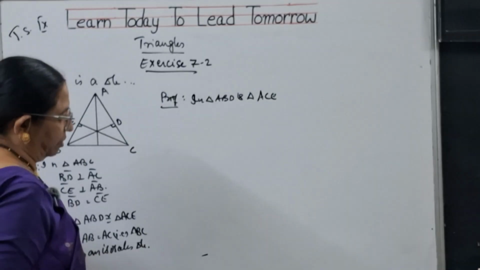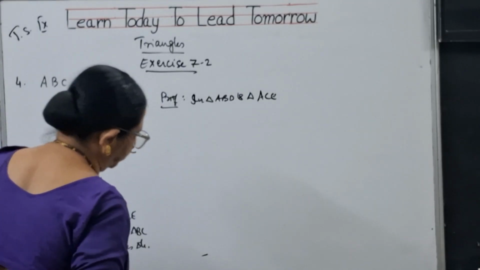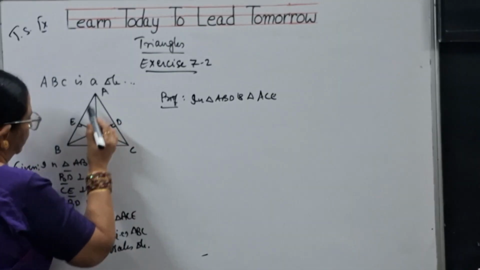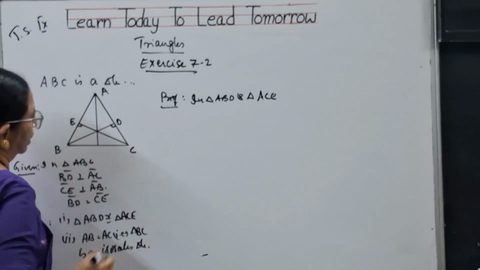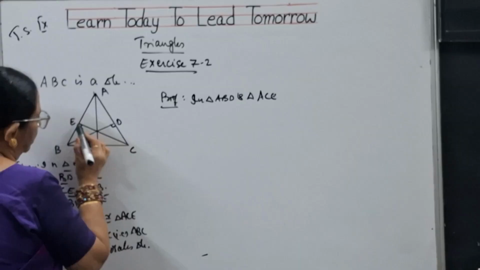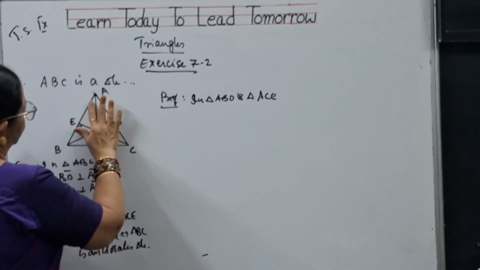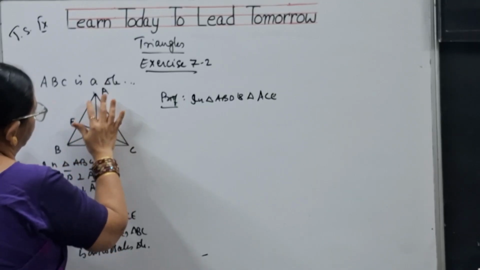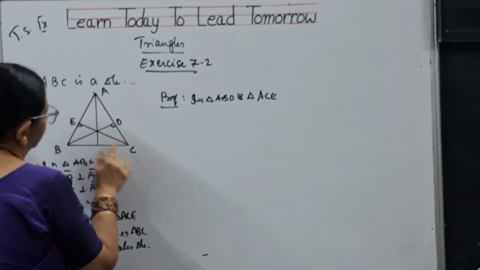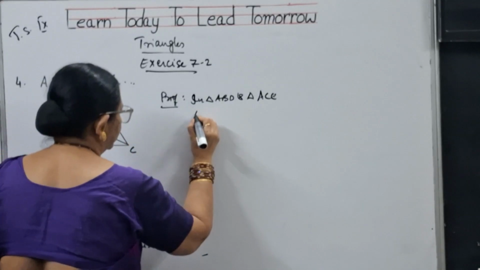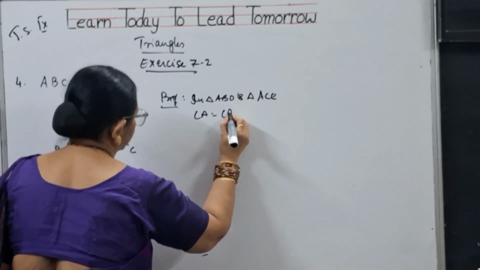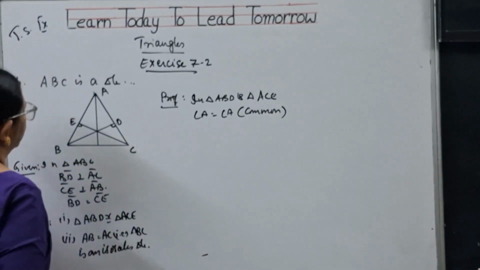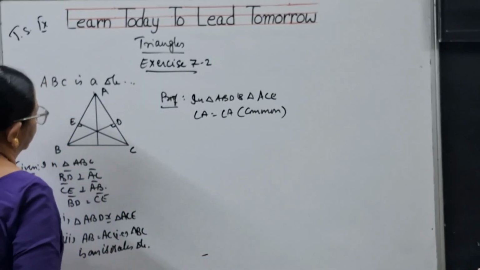This line also is given to us in the figure in the book. ABD is one triangle, ACE is another triangle. So if this is not there, then we can very well say in ABD angle A is there, in ACE also angle A is there. Angle A is equal to angle A, it is common. Both the triangles have the same common angle.